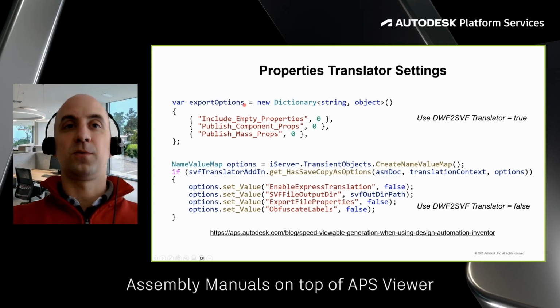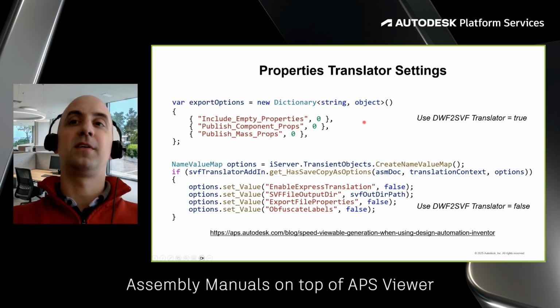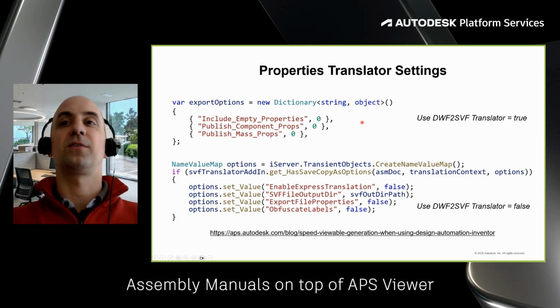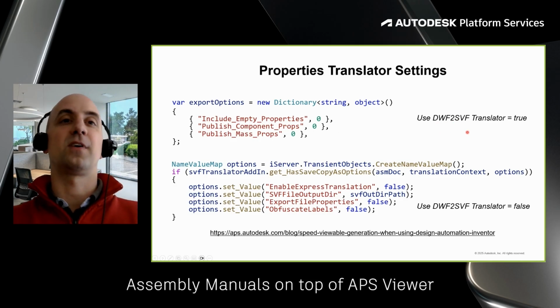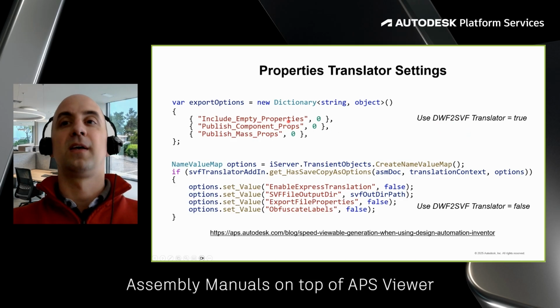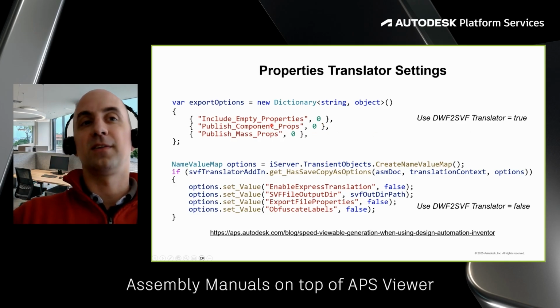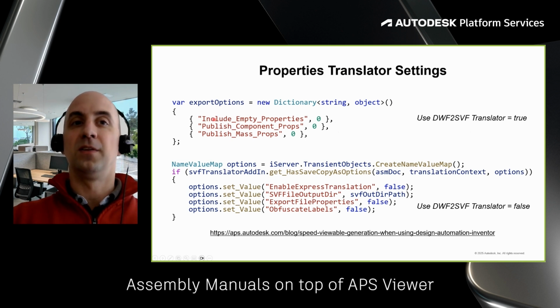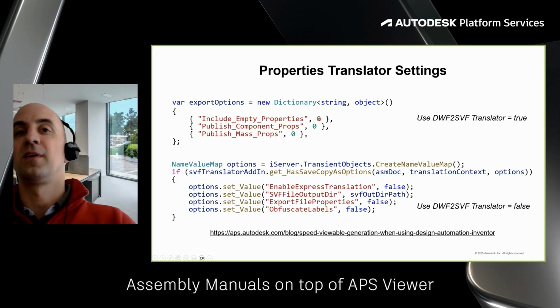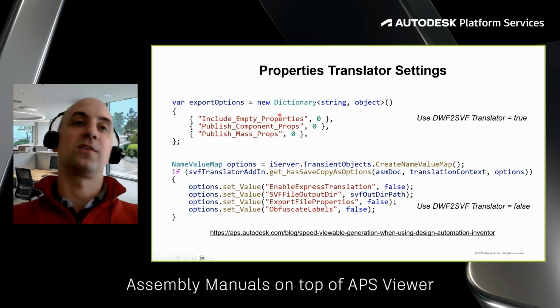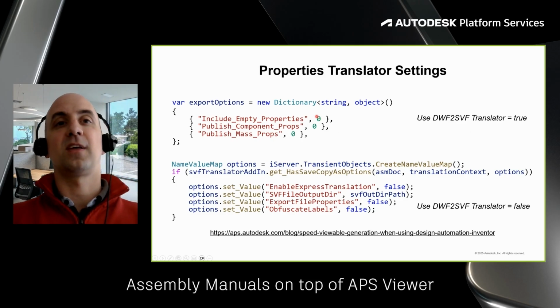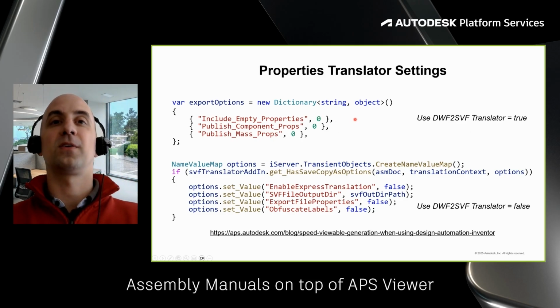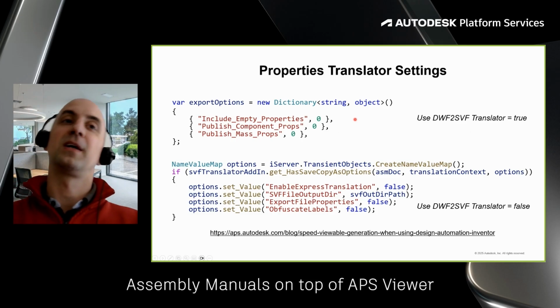Here at the top, it's really the config for the DWF translator, as we don't know how to configure the DWF to SVF exe tool, so we have to do it for the DWF translator. And the strange config here that I mentioned is the include empty properties. Why I think it's strange, essentially, I don't know why, but you have to set it and you have to set it to 0. Otherwise, without that, it doesn't really work.